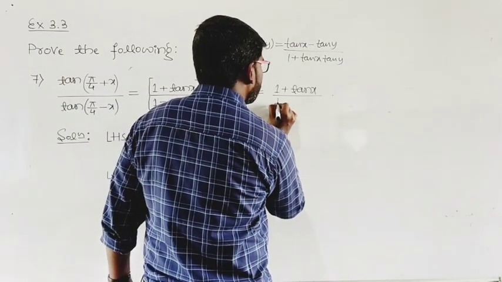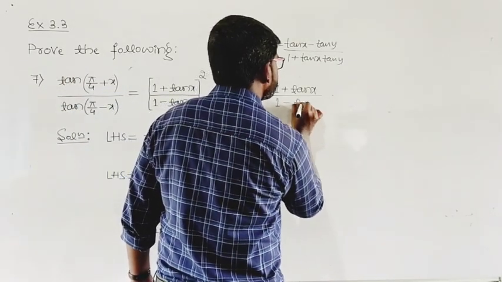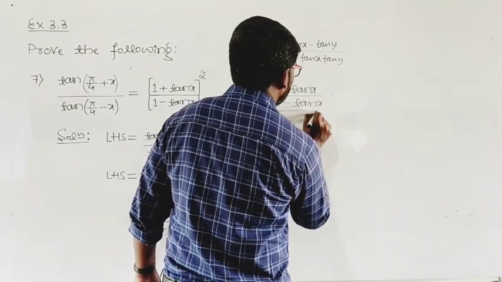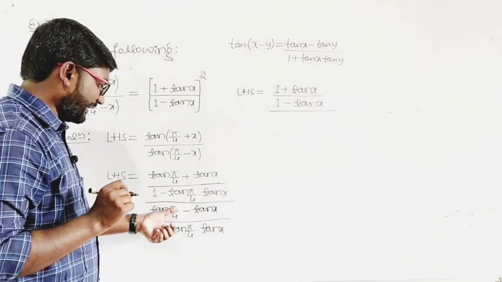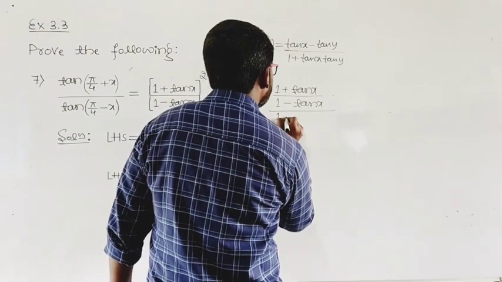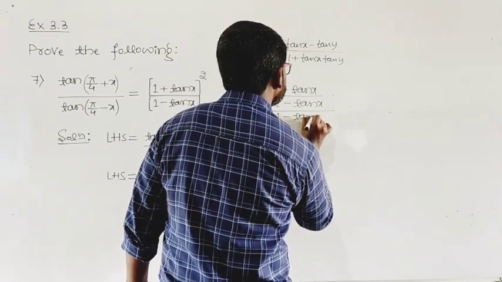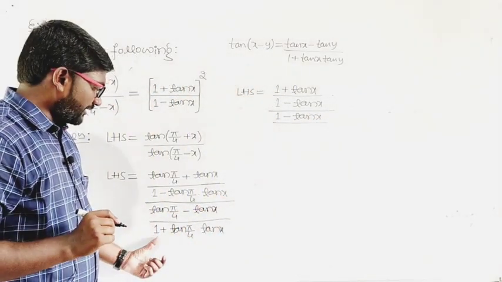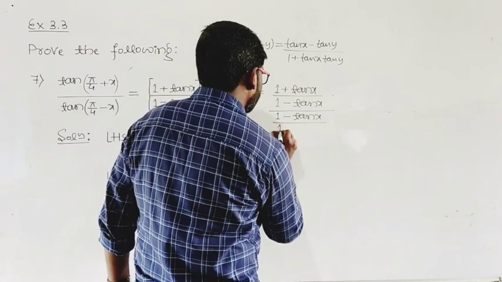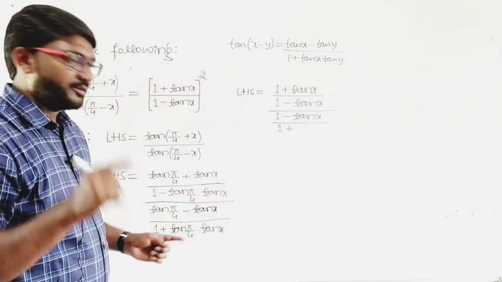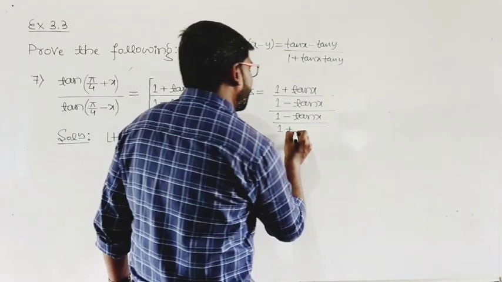So overall we get 1 minus tan x, then whole divided by, so again tan pi by 4, it is 1, so 1 minus tan x divided by 1 plus, as it is 1 plus, then tan pi by 4 it is 1 into tan x, it is tan x.